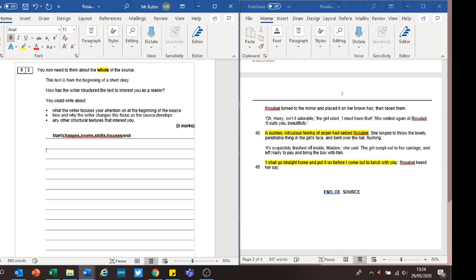So if I do formatting, at the start of the extract we see Rosabel leaving behind the busy, beautiful shops of central London, right?